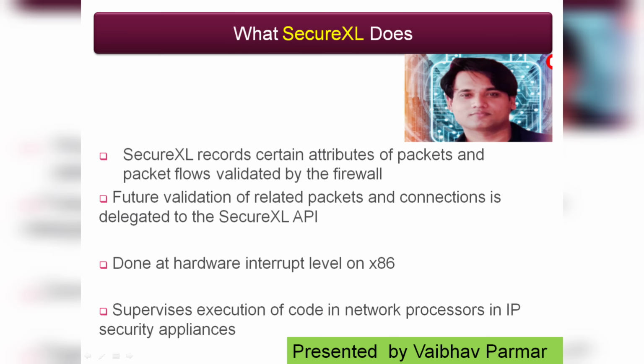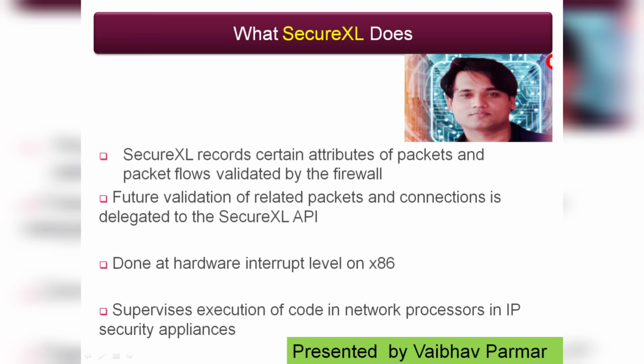We will discuss more on SecureXL API in part 2. This validation is done at hardware interrupt level on x86 or the latest processor hardware. This approach involves substantially less computing overhead than is required by the firewall or VPN application itself.